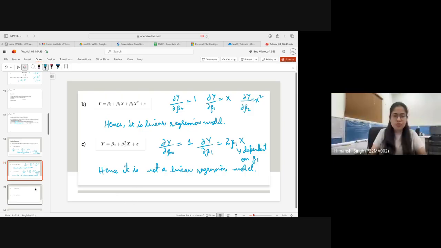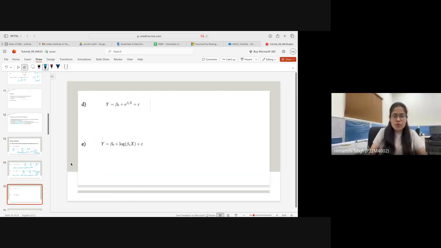Next question: y equals beta naught plus e to the power beta 1 x plus epsilon. Let's see whether it is a linear regression model or not. Differentiating with respect to beta naught gives 1, no problem.